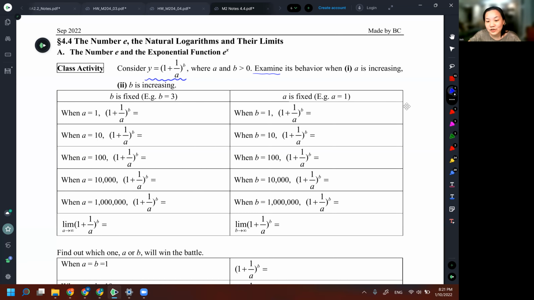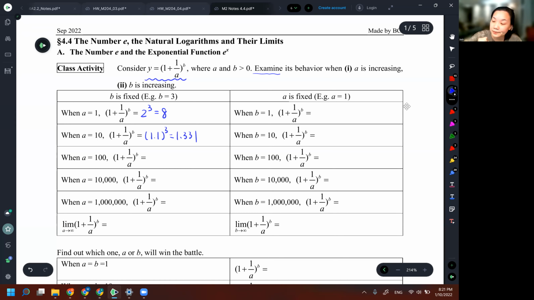For the first one, I will get 8. That's 2 to the power 3. For the second one, I will get 1.1 to the power 3. That's 1.331. And next one, I will get 1.01 to the power 3.